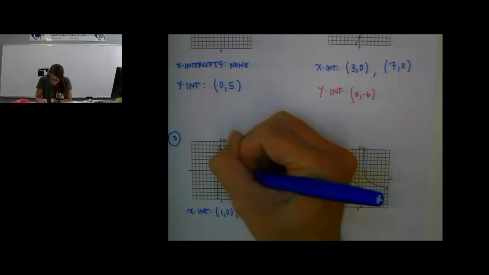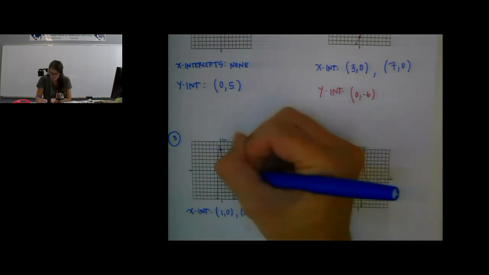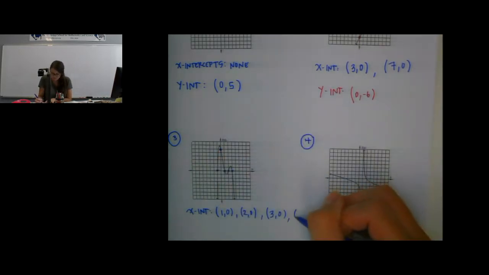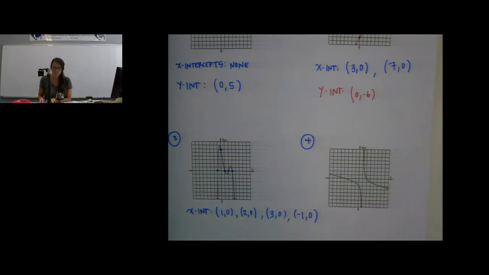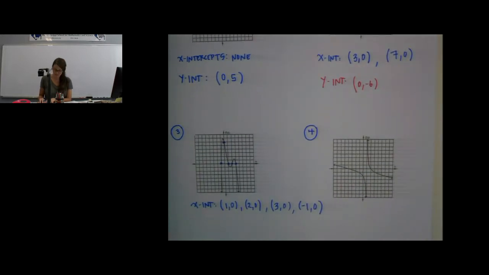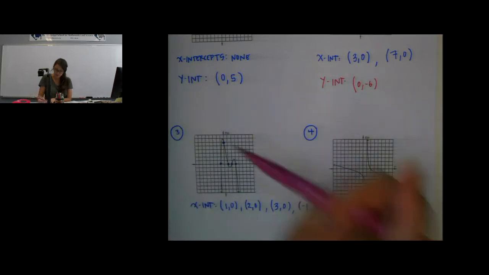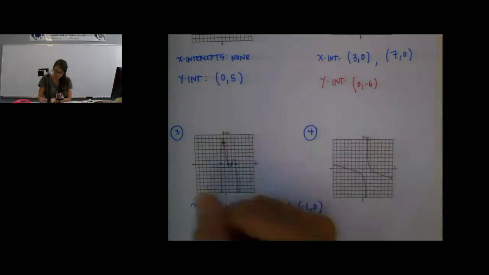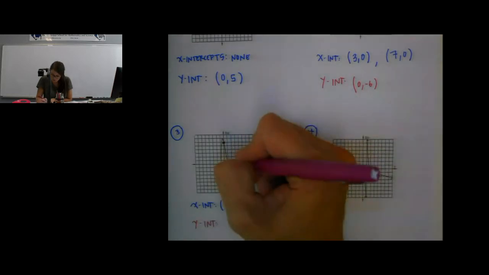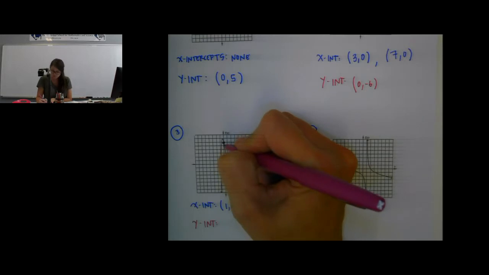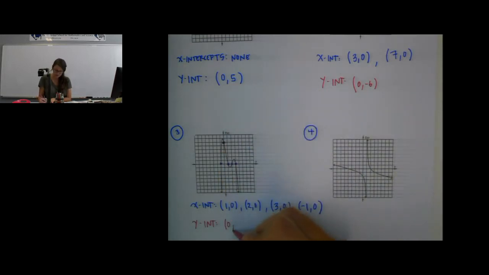Oh, I'm sorry, I lied to you. And over here, and a -1, 0. Sorry, I'm blind today. And then the y-intercept is crossing the y-axis way up here. So it's going to cross the y-axis at 1, 2, 3, 4, 5, 6 at 0, 6.